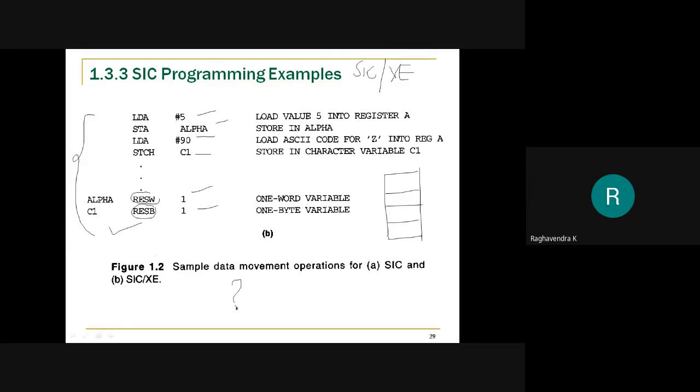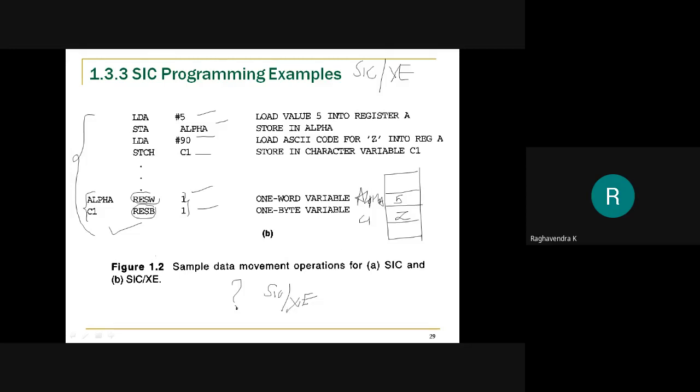Here there is alpha and here there is C1, which these two statements initialize. Now the purpose is still the same. We are supposed to move 5 to alpha and we are supposed to move Z to C1. But instead of doing what we did in the previous case, here we are utilizing the features of SIC bar XC.